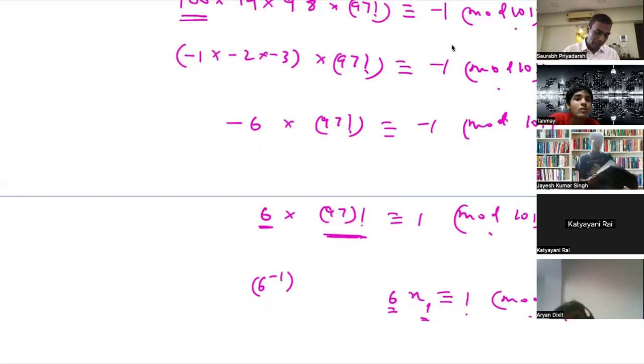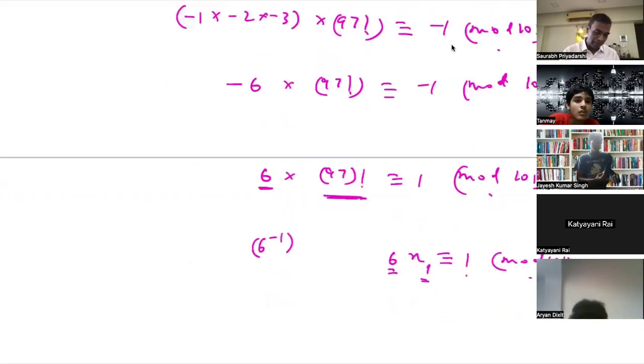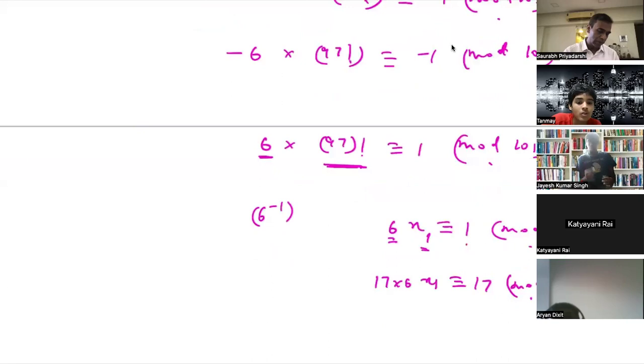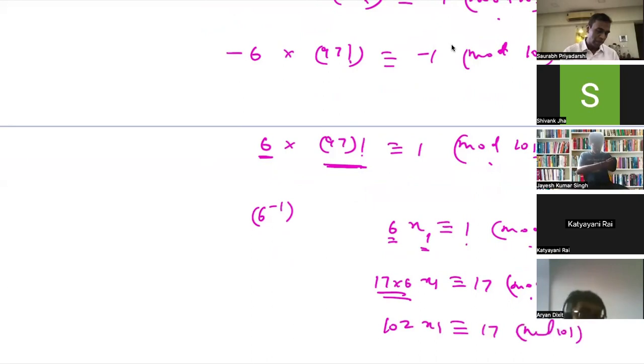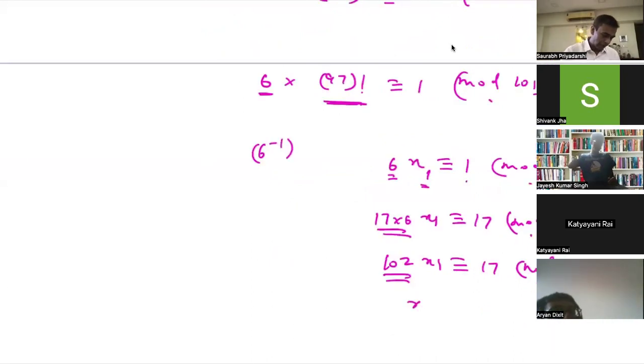So when I multiply both sides by 17, 17 into 6 x1 is congruent to 17 mod 101, right? 17 into 6 is 102. So 102 x1 is congruent to 17 mod 101, and we know that 102 is nothing but 1 more than 101, so I'm getting x1 congruent to 17 mod 101. Is this okay, everyone?